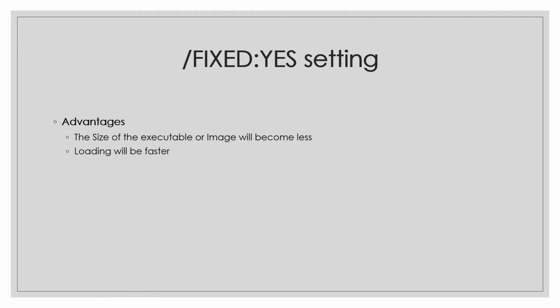Now, we will see what will happen if we set it to yes. First of all, we will see what the advantages of doing that are. The first advantage is that the size of the executable or the image will become smaller because there will be no relocation section in your image. So the size will be smaller and the loading will be faster.